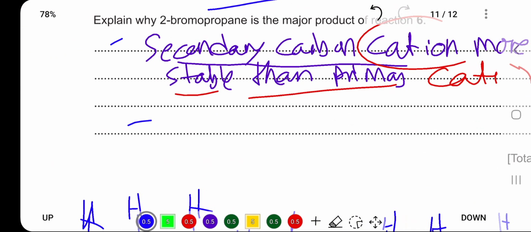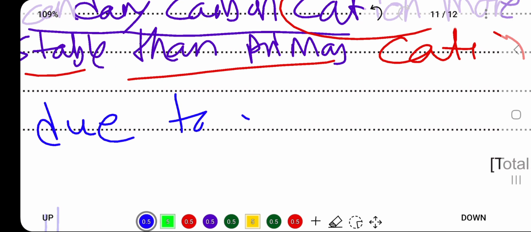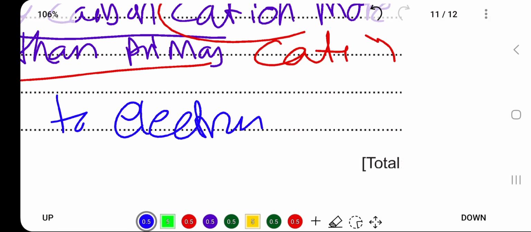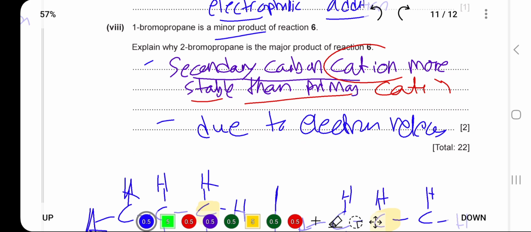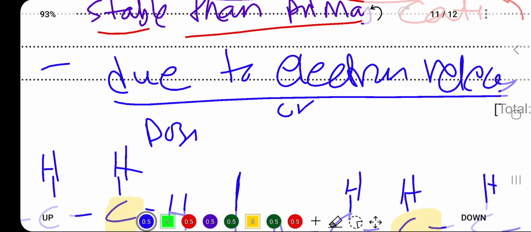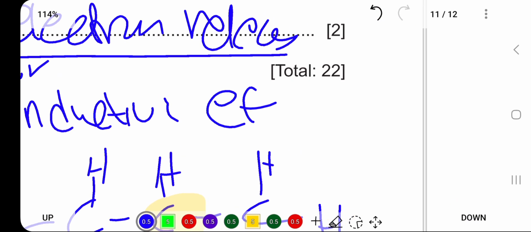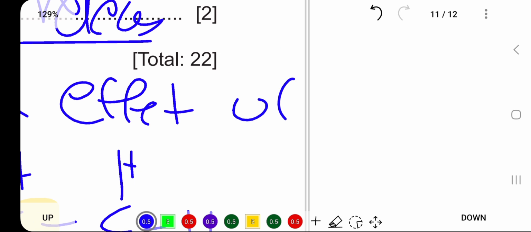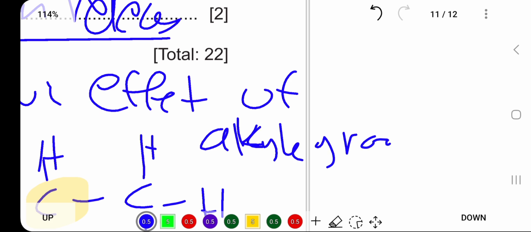This is one mark. Second mark, due to what? What happens due to electron releasing in this? Okay, please just memorize this answer: positive inductive effect of alkyl groups.